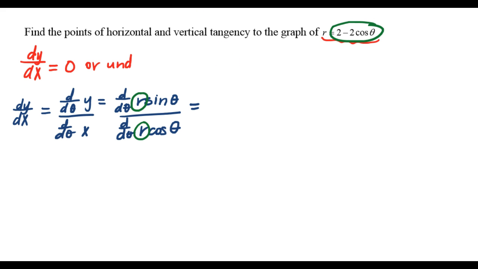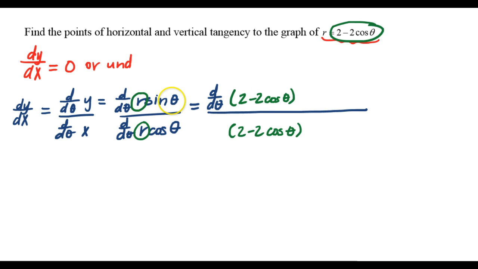So this one's going to be uglier than the last one because we are doing d theta of my r, so that's 2 minus 2 cosine theta. And I'm also going to write that on the bottom. So 2 minus 2 cosine theta, that's my r value. And on the top, r is being multiplied by sine theta, but on the bottom, r is being multiplied by cosine theta.